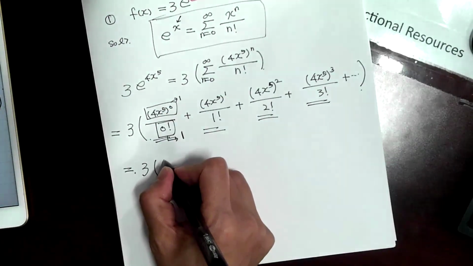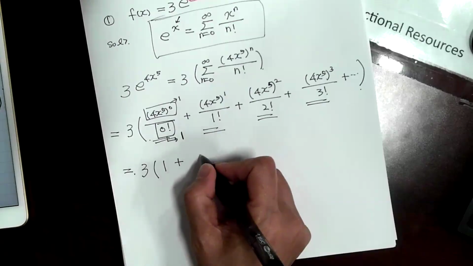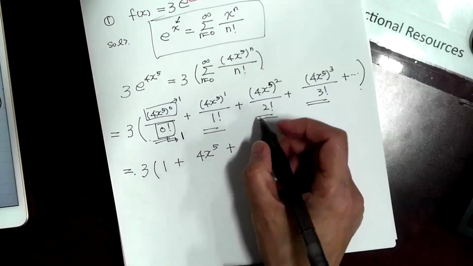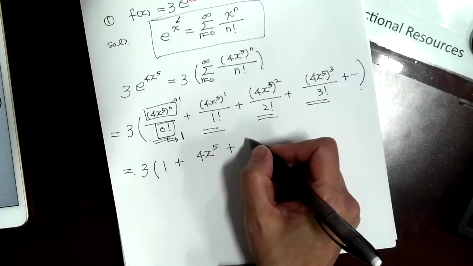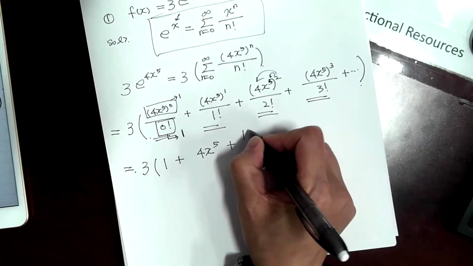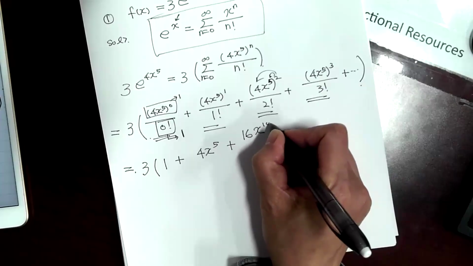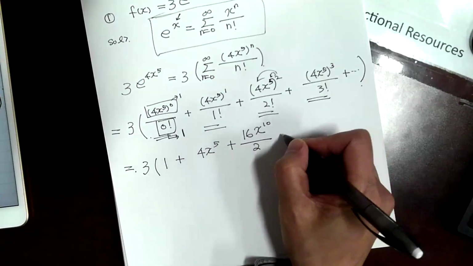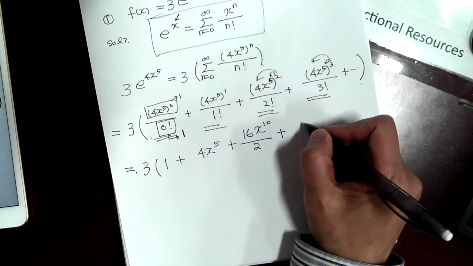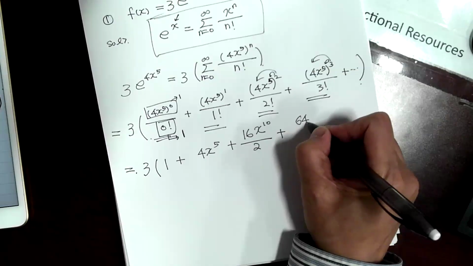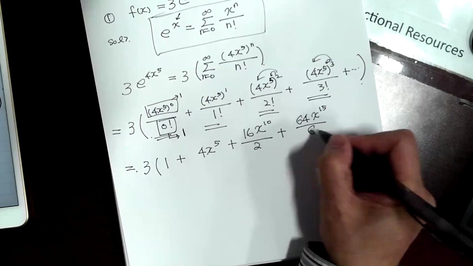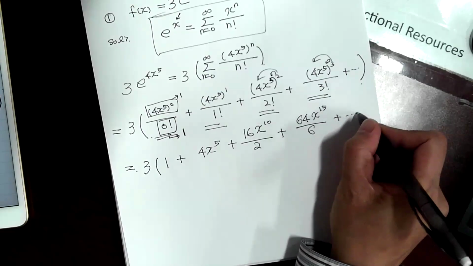So the first term is 1 plus 4 x to the 5th power plus, we distribute the exponent, then that'll be 16 x to the 10th power over 2 plus, distribute the power, then that will be 64 times x to the 15th power over 6 plus and so on.